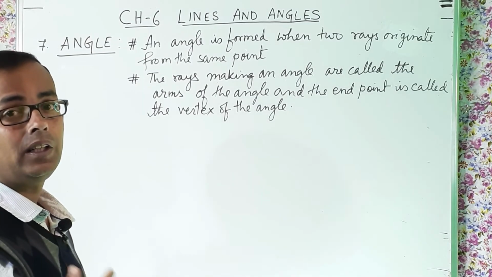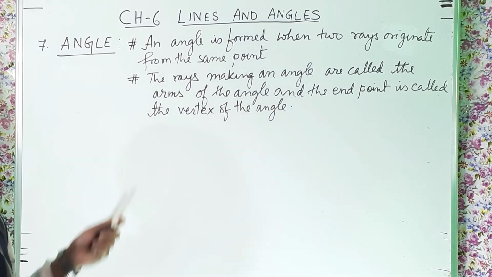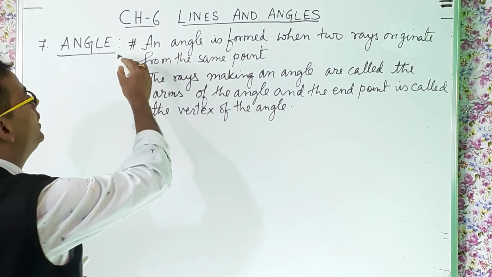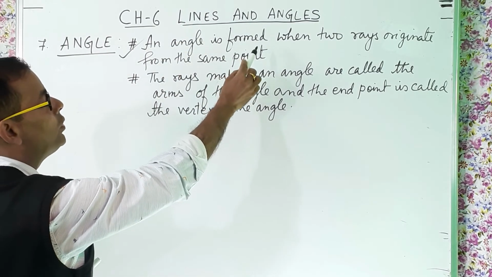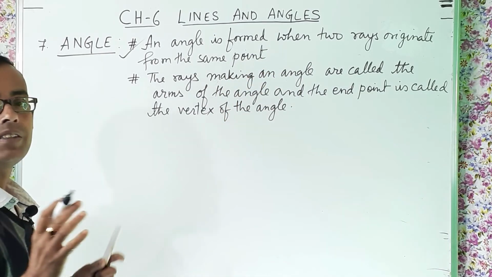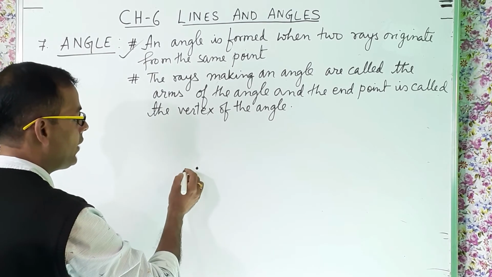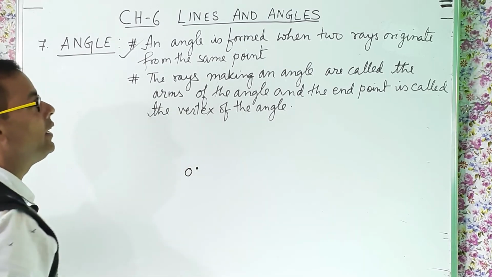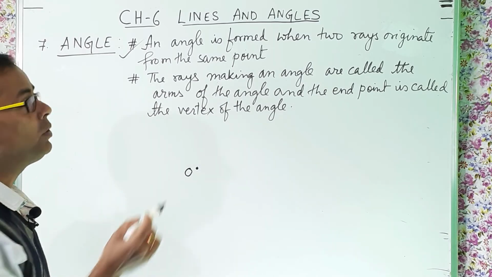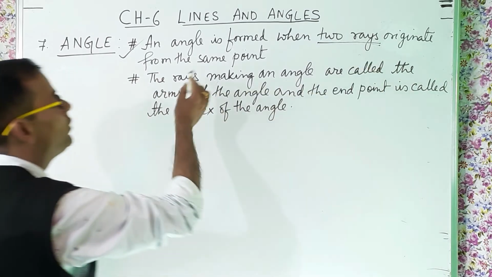Now the next term is angle. So what is an angle? An angle is formed when two rays originate from the same point. Suppose this is one point, and I give it the name O. Two rays are originating from the same point.